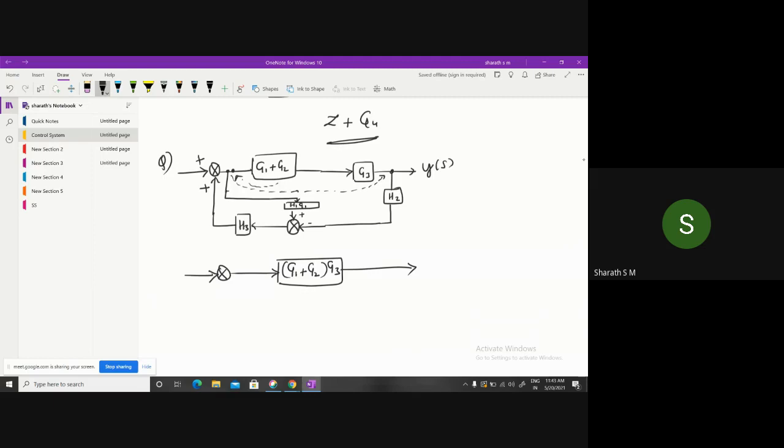So we need to shift this takeoff point from left to right. Once we shift it, what's the alteration for this block? Is it a multiplication or division operation?